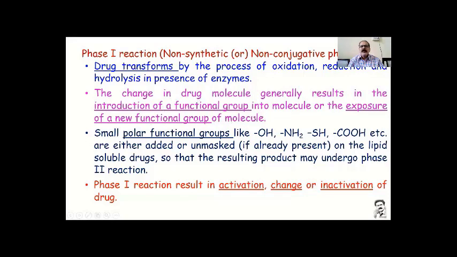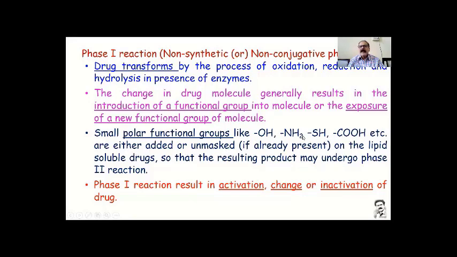They may introduce a new functional group by oxidation or reduction, or there is an exposure of a new functional group. If it is not there, it may also create a new functional group in the drug and they will be converted into polar. And small polar functional groups like OH, NH2, SH, COOH, etc. are either added or unmasked.